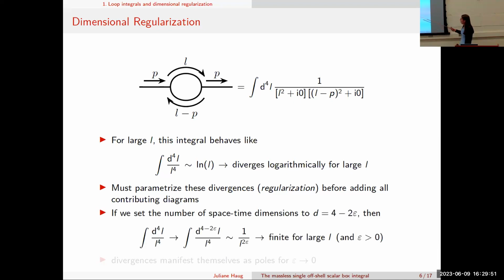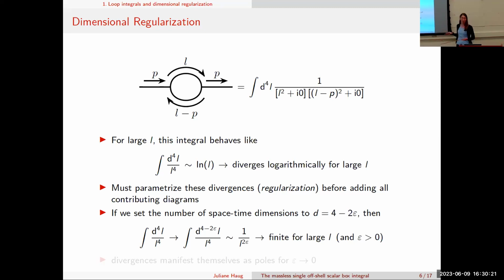Okay, how do we parameterize these divergences? The method of choice is to change the number of space-time dimensions. Originally we have the physical 4 space-time dimensions, but we can make the space-time dimensions a little smaller, with positive epsilon. Then this loop integral doesn't diverge logarithmically anymore, but instead it behaves like this, which is finite for large loop momenta and positive epsilon.